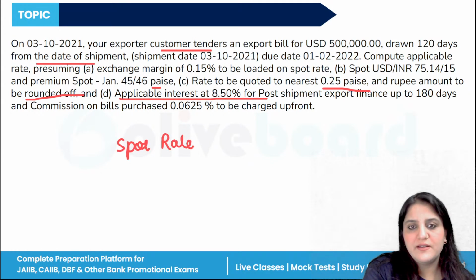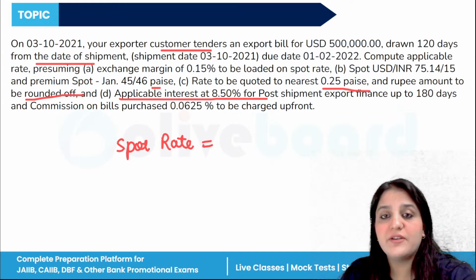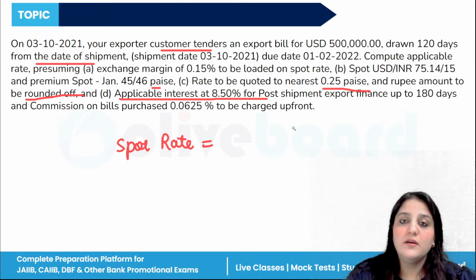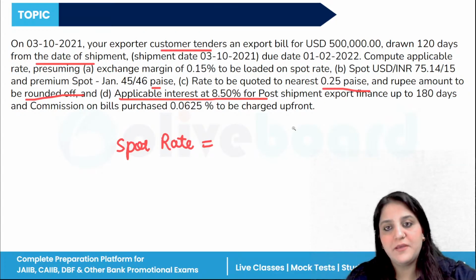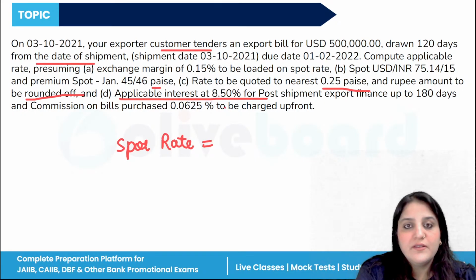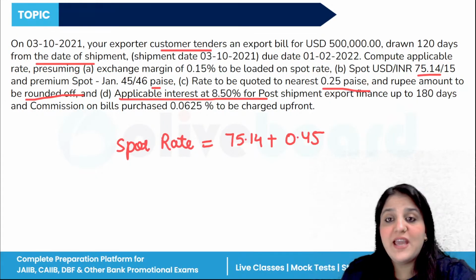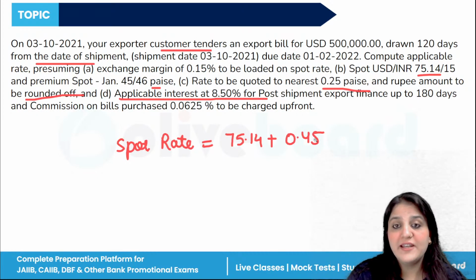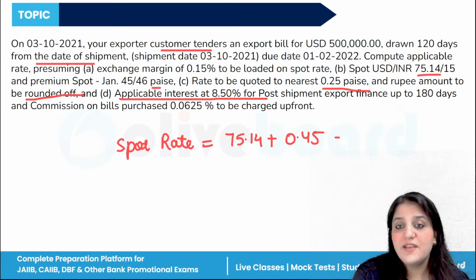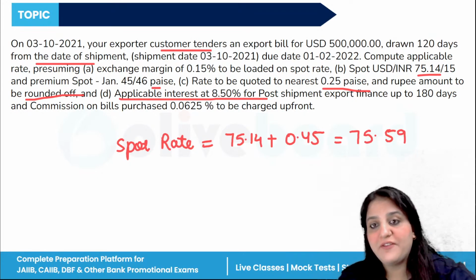For the rate, we know that it is generally equal to the buying rate plus premium. So the buying rate is here 75.14 and the premium is 0.45 paise. When we add this, we get 75.59.